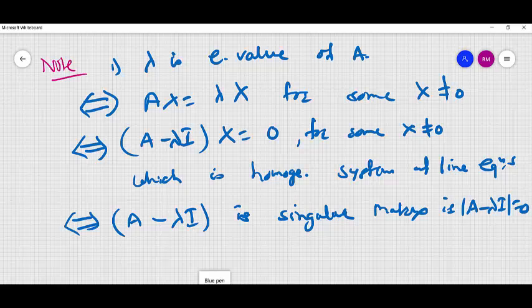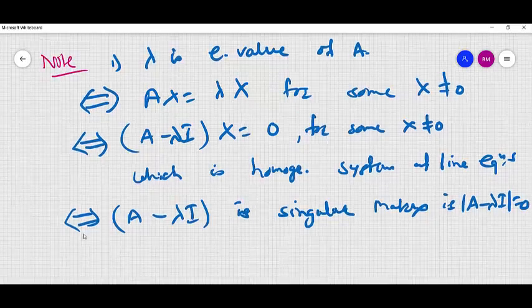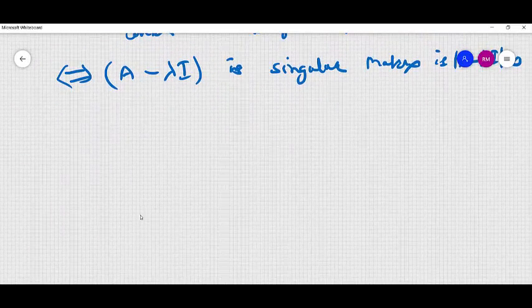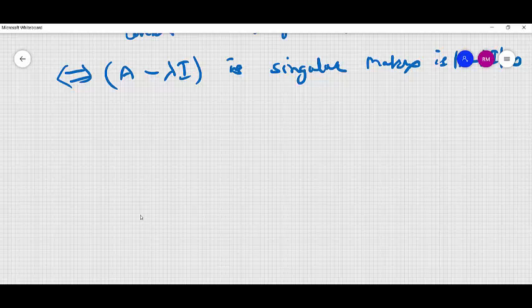So now we take some important definitions, like the characteristic polynomial of a matrix. What is the characteristic equation?